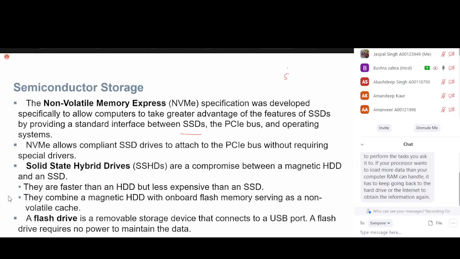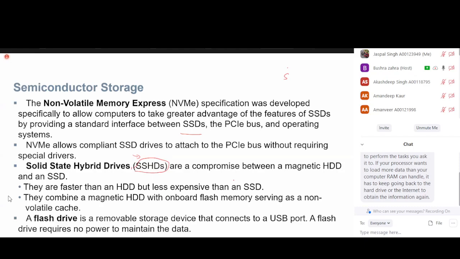So the solid state hybrid drive, or SSHD, you might find inside cameras or smartphones. It is used in mobile devices, right?